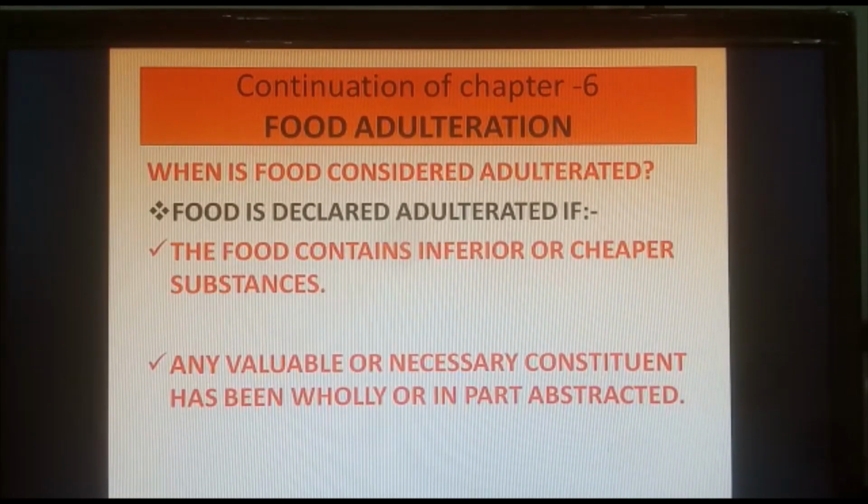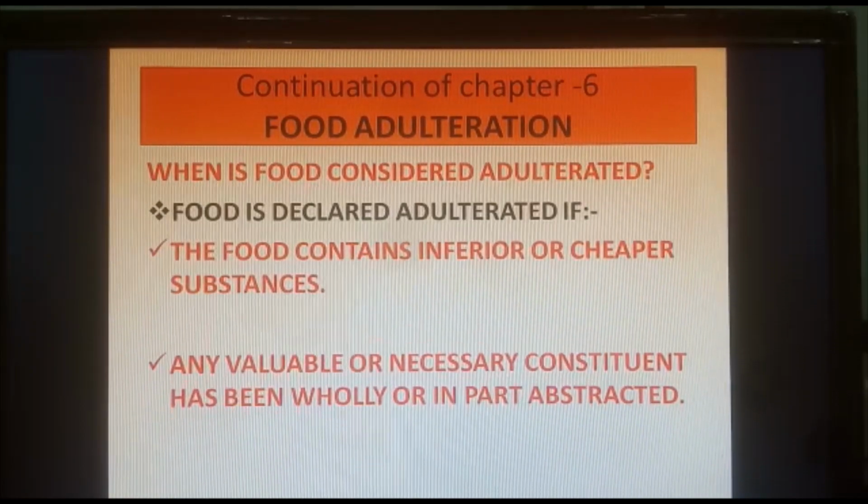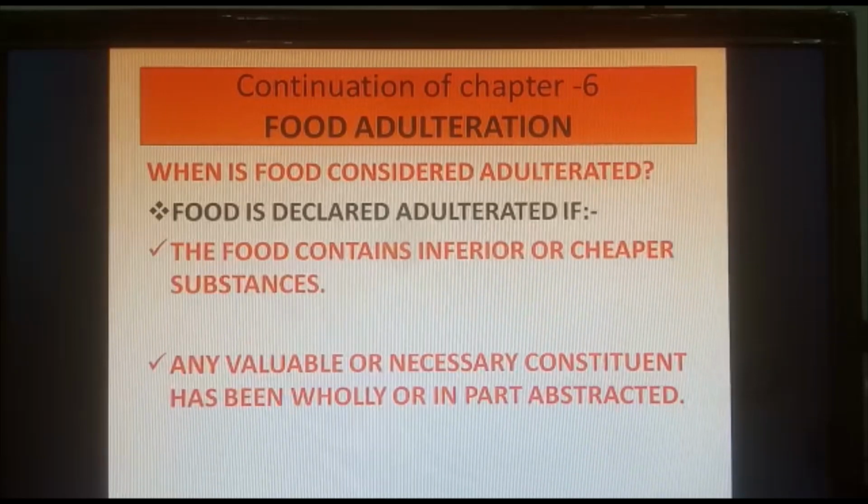And cheap substances, if the food contains cheap substances, like we can take one example in milk. Sometimes sellers add mashed potatoes, cornstarch, rice powder. These are substances which, compared to milk, are low in cost.